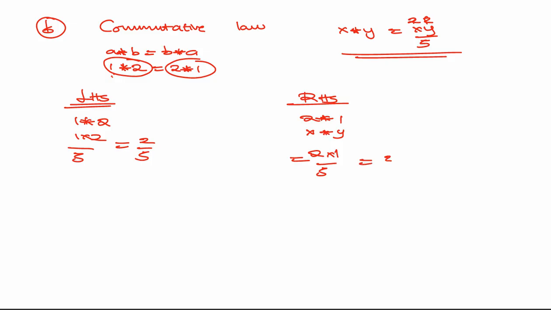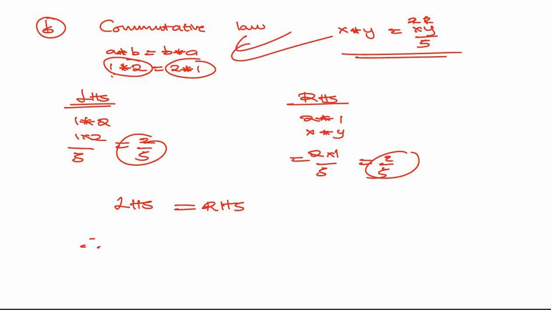We still get 2 over 5. As you can see, 2 over 5 and 2 over 5 are one and the same, so the left hand side is equal to the right hand side. So the commutative law has been proved, has been satisfied after testing.